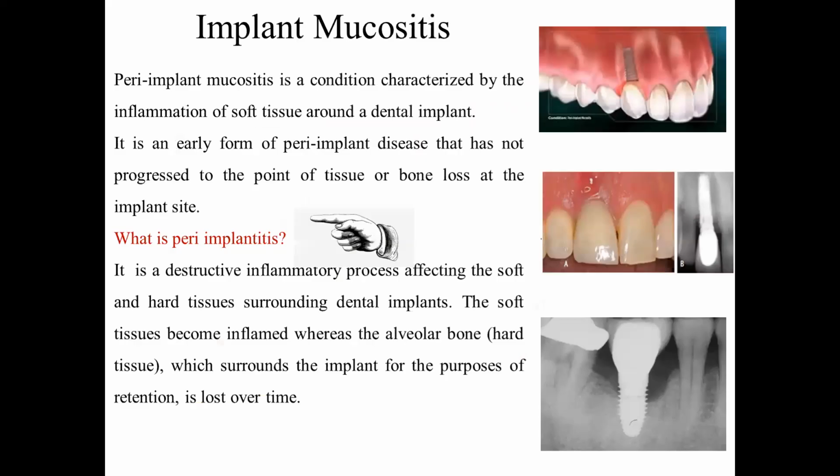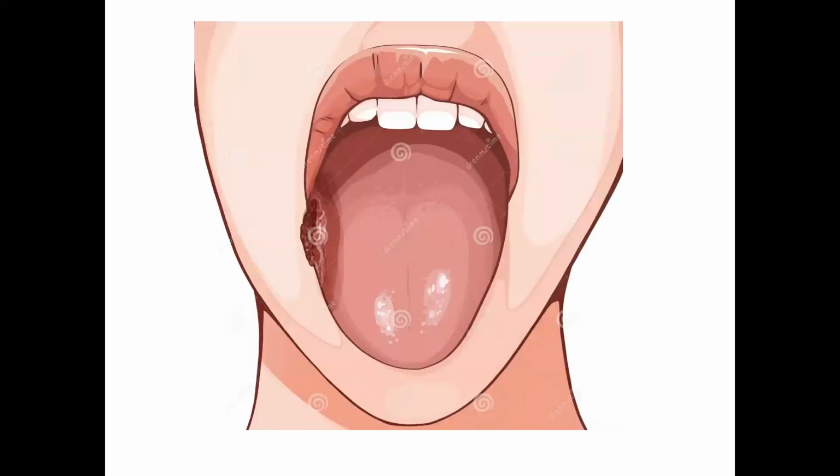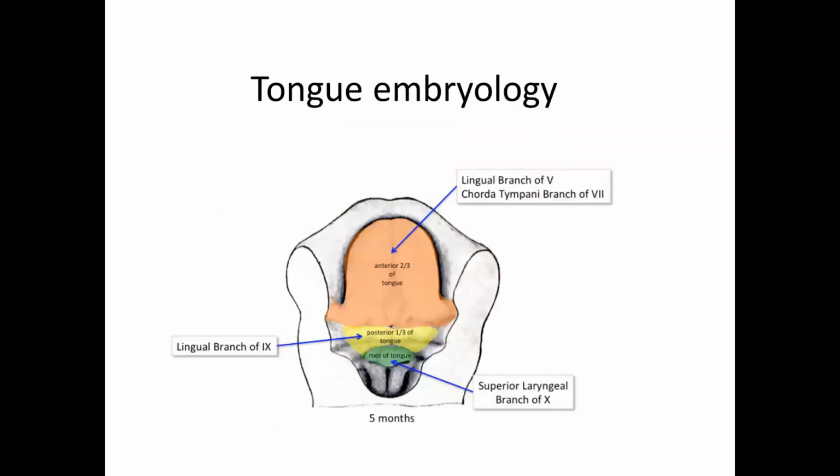So however much I remember, I have brought here for you. Talking about tongue, beginning from the embryology, as I told you, the question is already about embryology, but if not about embryology, please begin with the basics. Don't think that you are appearing for an MCQ. Please study from the basics. You can have a question of any type.